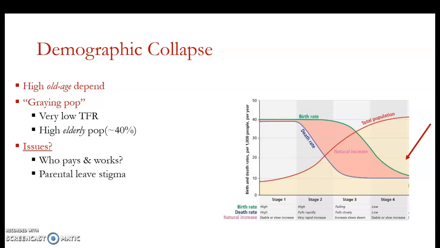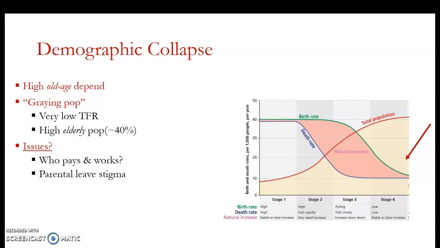We see in some countries, particularly like Japan, that there's a stigma surrounding parental leave. Oftentimes women have to choose between having a career or having children. So what we find in countries where these social and political barriers are in place is that women may wait until their late 30s to start family planning, which means that their fertility rate is going to decline as they bypass many years within that window of 16 to 49.